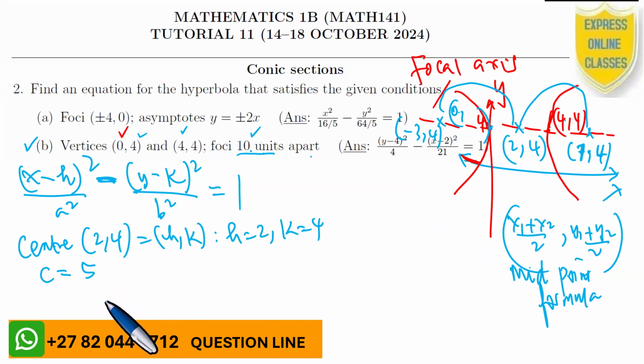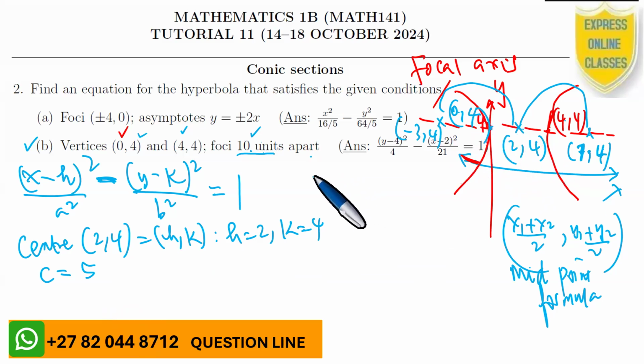But the question still remains: what is our A? What is our B? It's easy to get the A and the B, and there are many ways, because if you already have the center, you need to look at the distance.